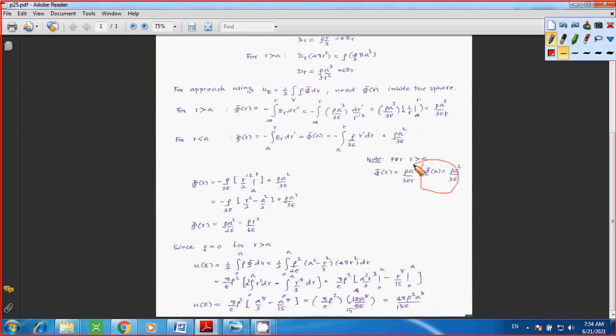This is your phi(a). So again, you do the integration. You have phi(r) for r less than a equal to rho a squared divided by 2 epsilon minus rho r squared divided by 6 epsilon.